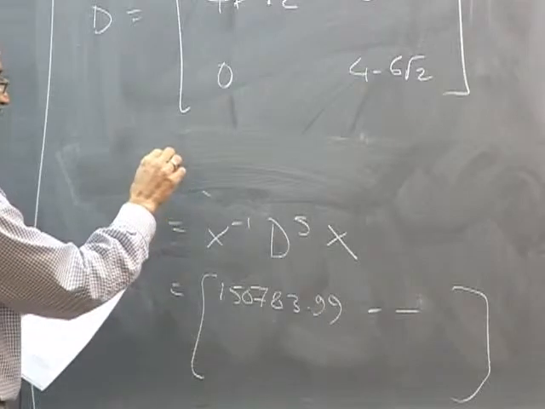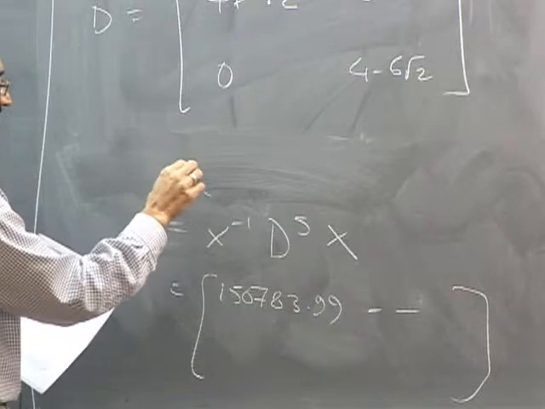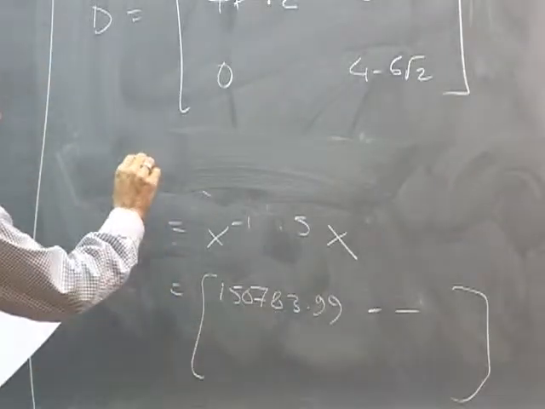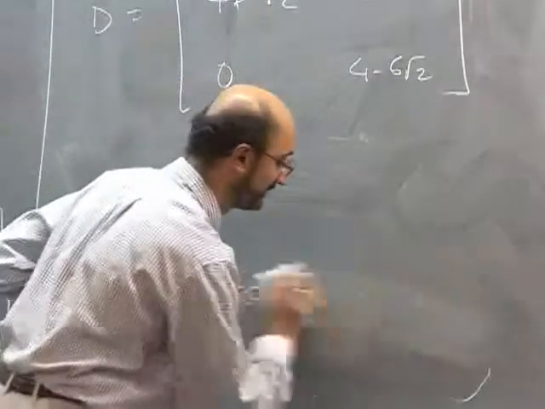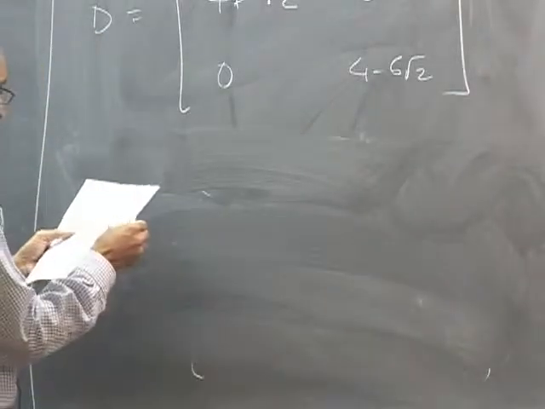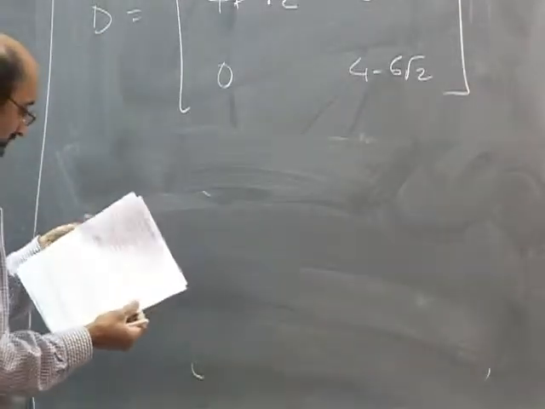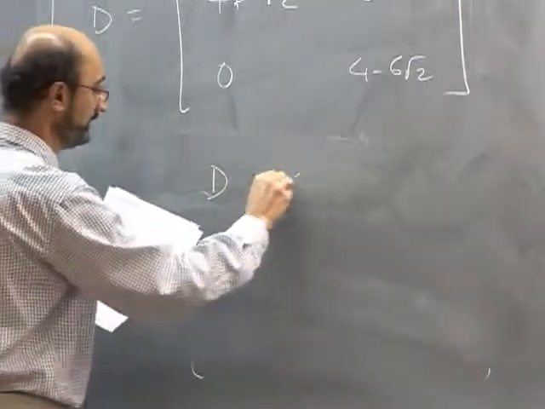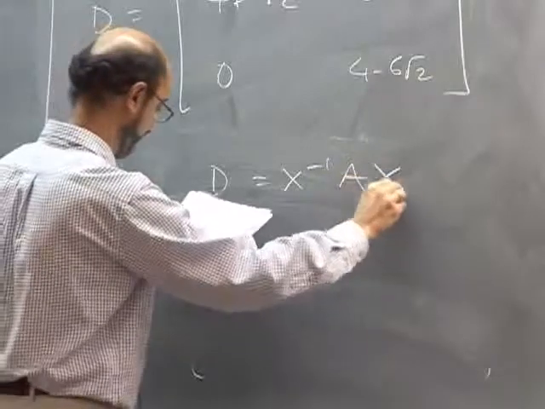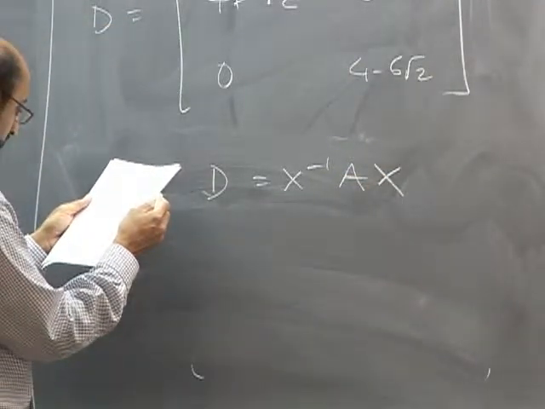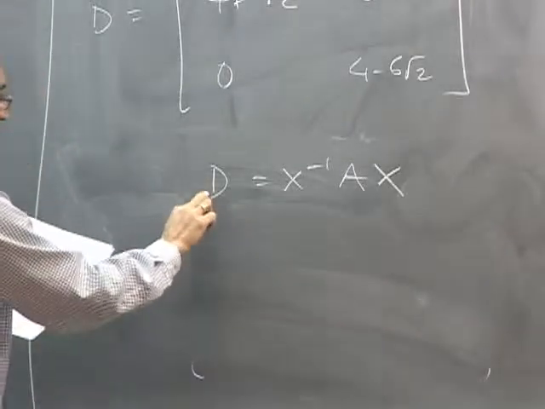It should be A to the power 5, then x. Right. Just a minute. What am I doing here? Give me a second here. Okay, so D equals x inverse A x, and, right. So yeah, let's just do it this way.